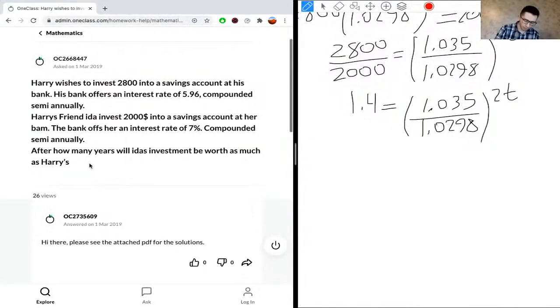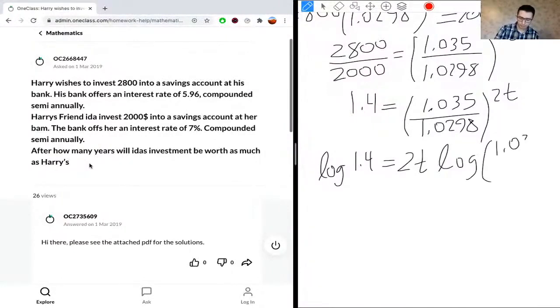So we know log 1.4 equals 2t log (1.035 over 1.0298). And then we isolate for t.